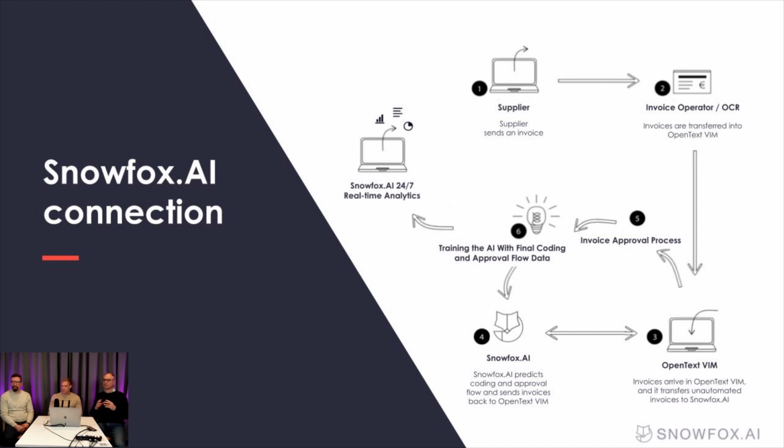OpenText VIM first checks whether there is already automation in place, for example for processing PO invoices, and whether there are some rules in place, and then the invoice goes according to those processes when it is recognized as belonging there. And if not, OpenText VIM sends the invoice information to Snowfox. Snowfox gives the predictions and returns those to OpenText VIM. And then the invoice goes to approval according to the set process.